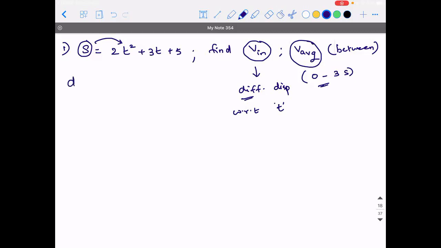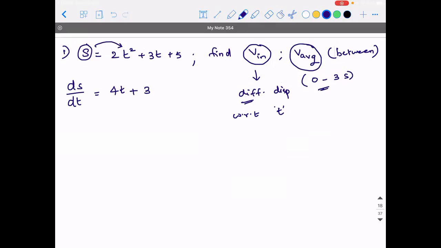If I differentiate the displacement with respect to time, what are we going to get? 4t plus 3 is what you're going to get.